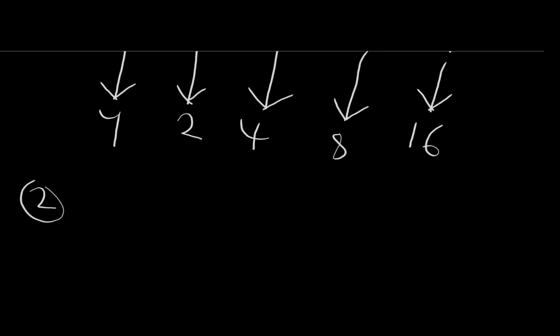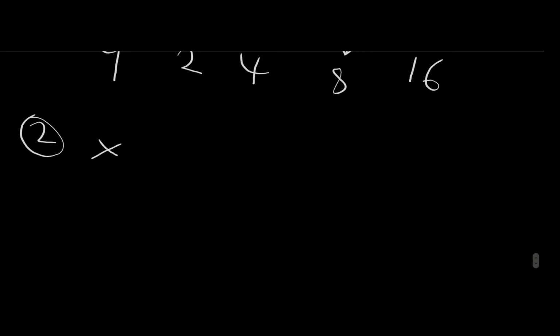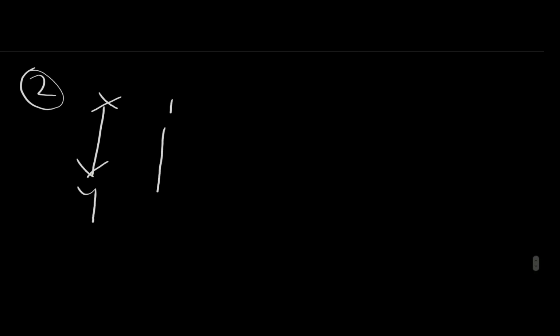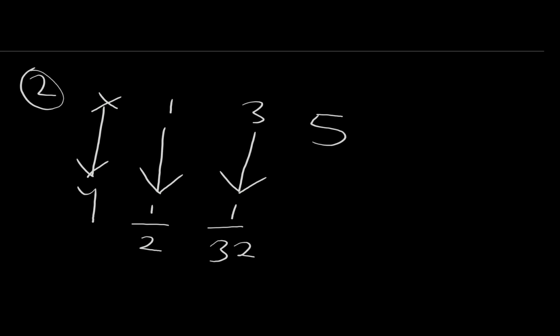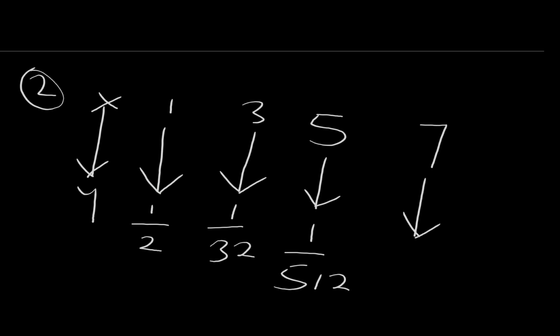Number 2. We have x mapped to y, and then 1 mapped to 1/2, 3 mapped to 1 over 32, 5 mapped to 1 over 512, and finally 7 mapped to 1 over 8192.